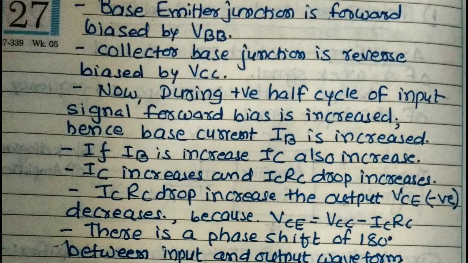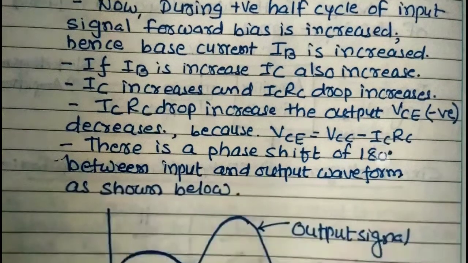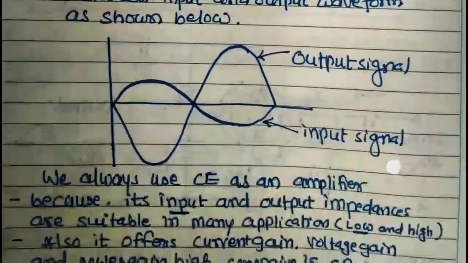The output is given in the reverse direction. It means the positive half cycle going from 0 to the positive peak gives an output going from 0 to the negative side. It's called the 180-degree phase shift, as shown in the figure.